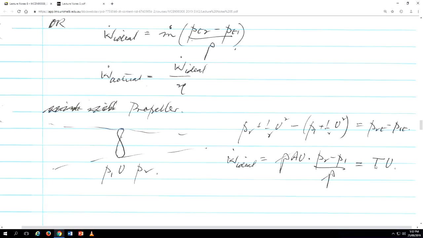So this is an outboard motor, and it's the thrust of the propeller times the velocity through the propeller disc that is the ideal amount of work that you do. You actually do more work than that, because the flow is not uniform, and there's boundary layers, and so on. It may separate. There may be all kinds of reasons why it's not ideal, but that's the ideal amount of work, and I've worked it out for you.